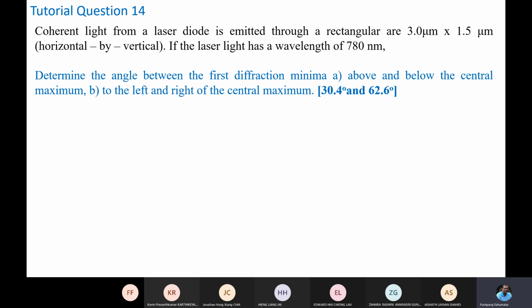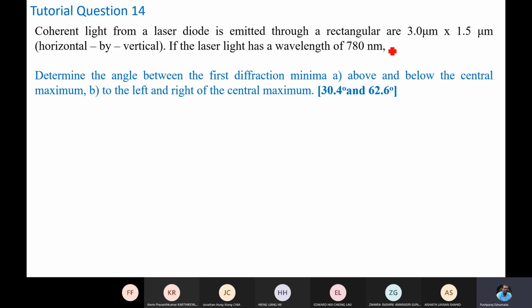Look at this problem. Coherent light from a laser diode is emitted through a rectangular slit. So the slit is in the form of a rectangle. So 3 micrometer versus 1.5 micrometer.